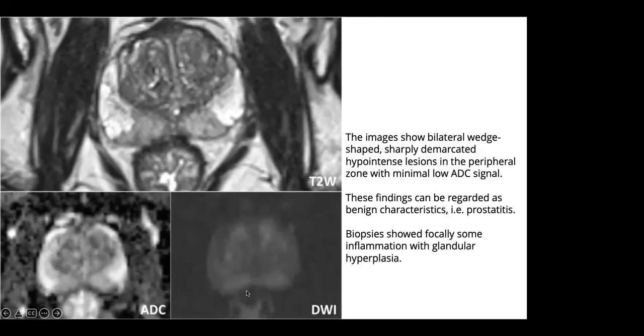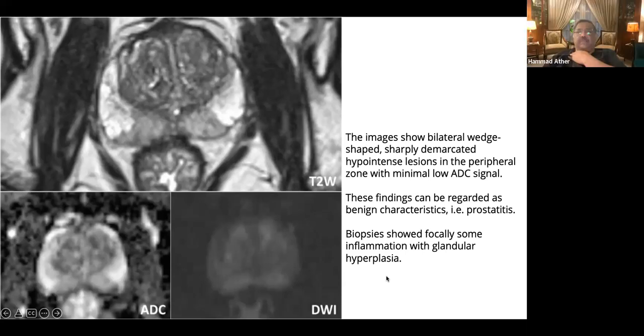And on DWI, the appearance is not very bright. So this is again a lesion in favor of benign changes like prostatitis. Bilateral, symmetrical, and sharply defined margins with less hypointensity and no restriction. So this is prostatitis changes.